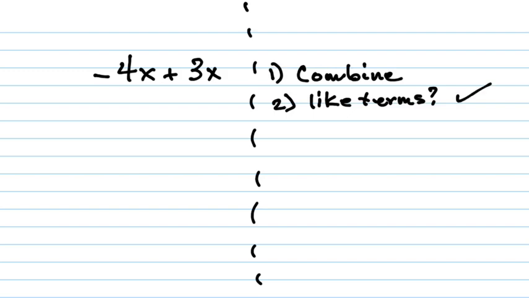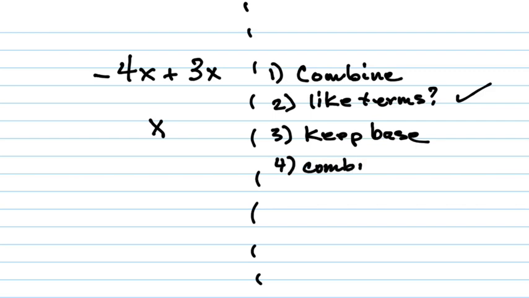So yes. All right. So I'm going to keep the base. So what is the base? X. Okay. And I'm going to combine the what? Coefficients. Okay. But in order to do that, I need to know the signs.